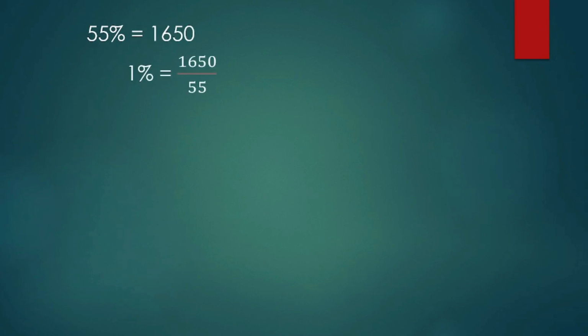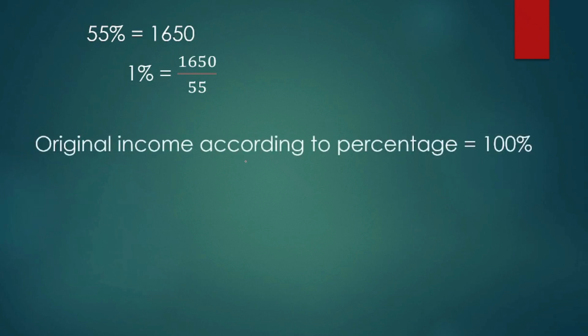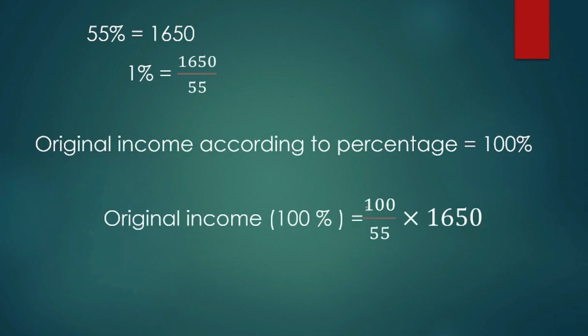So what is the 1%? 1650 by 55. Then the original income, according to percentage, is 100%. So 100 by 55 into 1650. 5 ones are 5, 5 threes are 15, 0 remains 0.